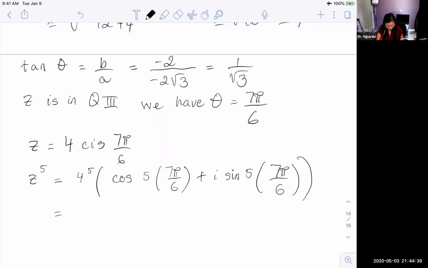So 4 to the fifth power is going to give me 1024. And then we have cosine of 35 pi over 6 plus i sine 35 pi over 6.